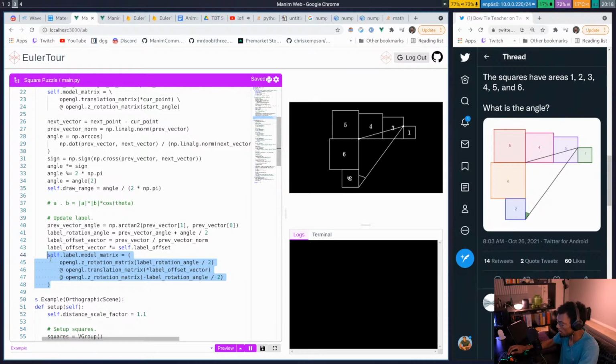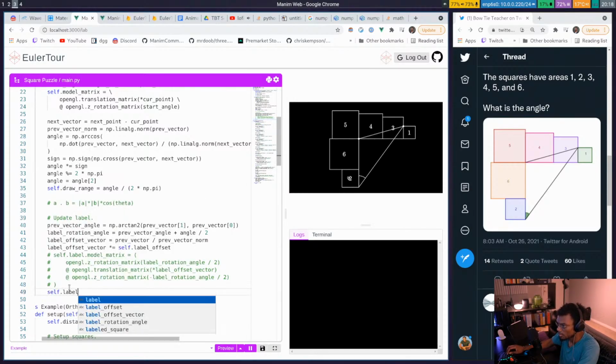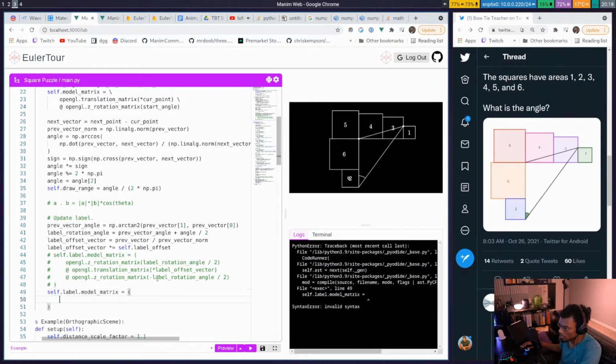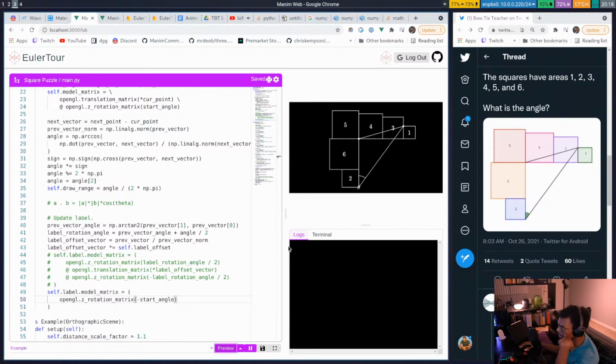I'm just gonna undo that. Okay, so now it's right side up. That's a start. And then from there, I just want to translate it, I think.